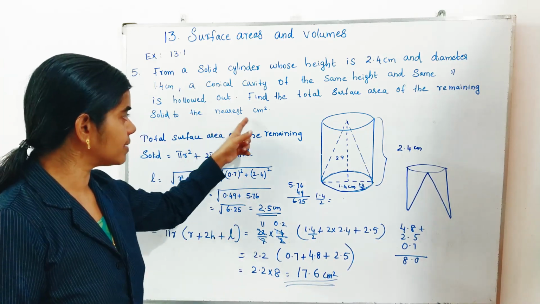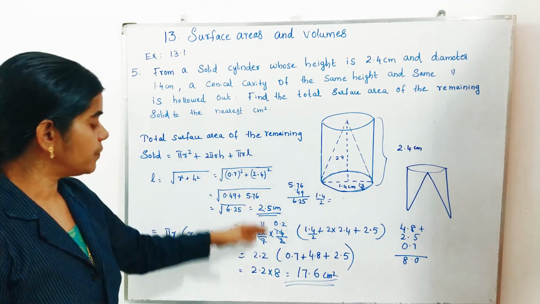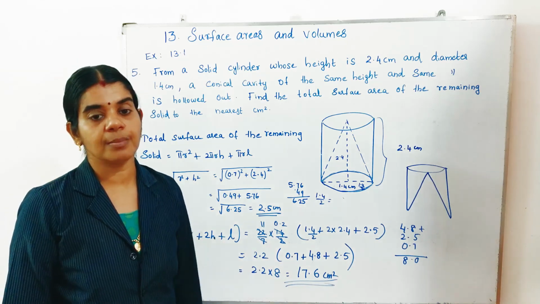They already told nearest centimeter square. We got 17.6 centimeter square.